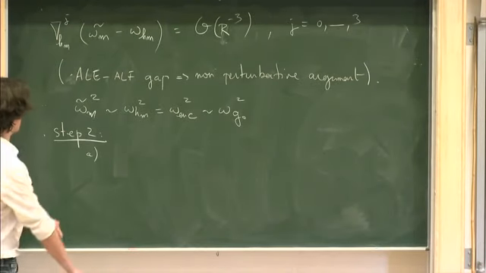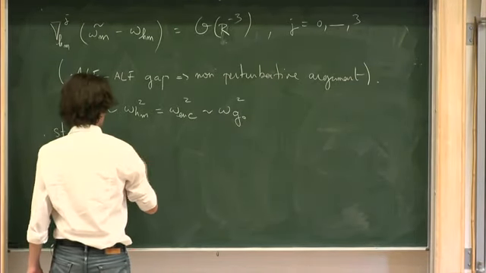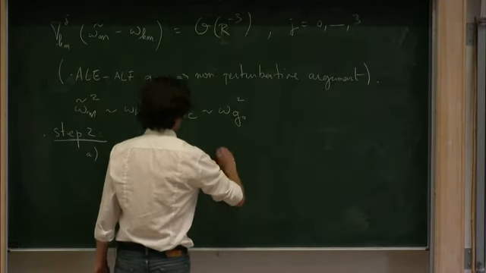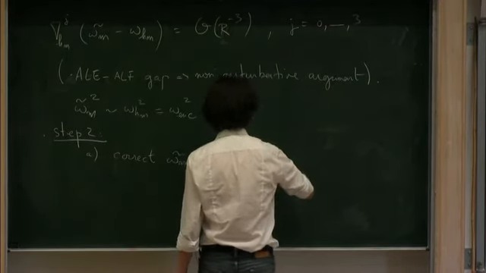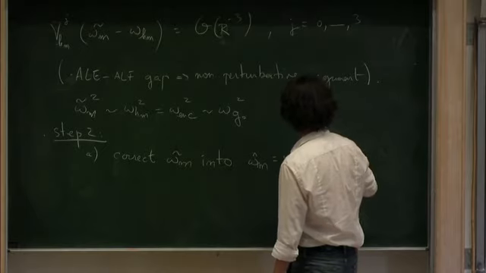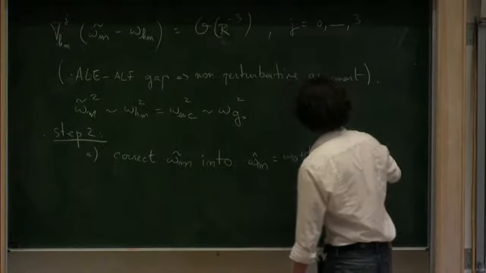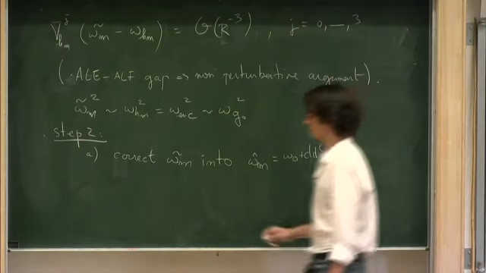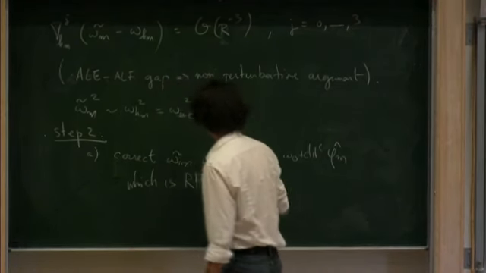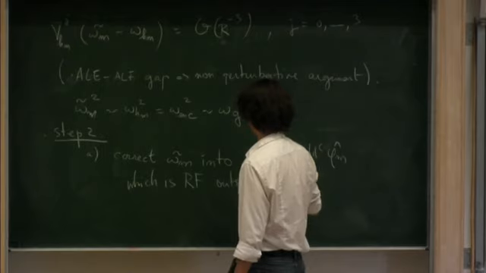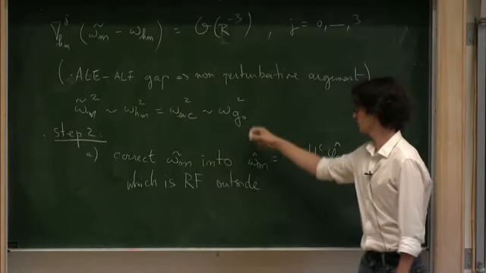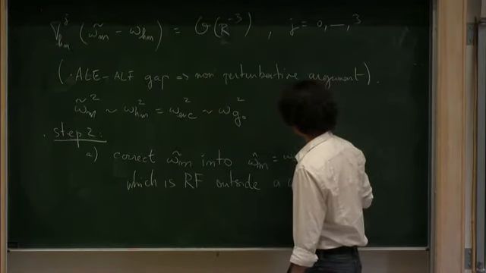So there is a first step: with fixed m you correct omega m into omega hat m, which has this shape and is Ricci flat outside, meaning that it has this volume form outside a compact subset.